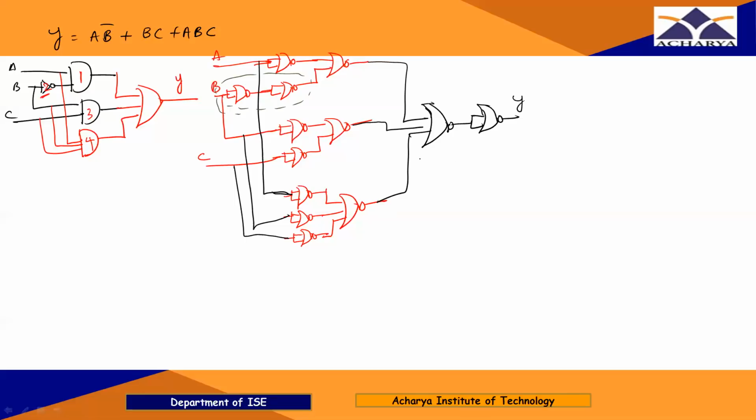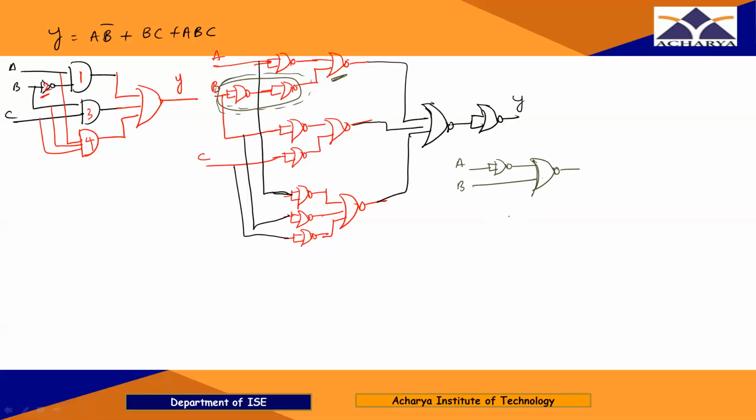Now I am going to redraw the circuit and I am going to remove these two inverters from the circuit, right? So this is A, B. I have to remove those two inverters and directly I have to write like this, and this gate is this one, right?